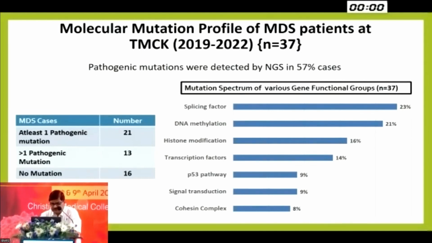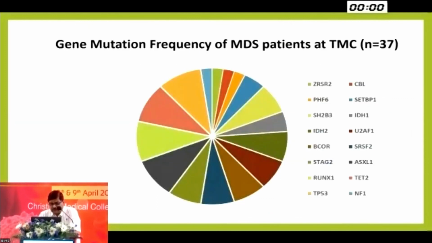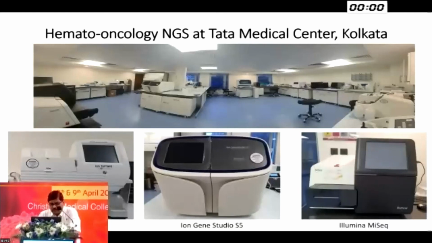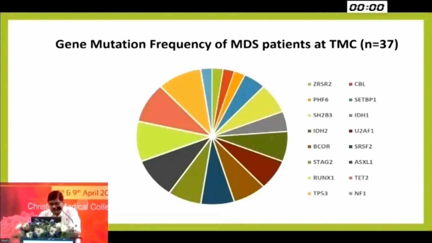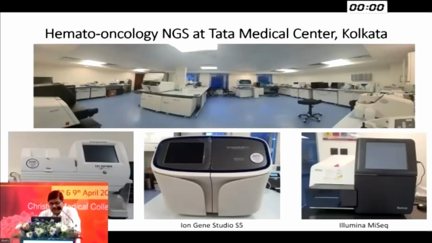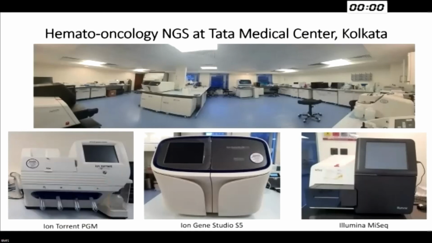So these are the numbers. Majority of them are splicing factor mutations. DNMT3A is 21%. P53 is 9%. So this is the pie diagram to suggest what mutations we have found in 37 patients, from the NGS lab of our center.